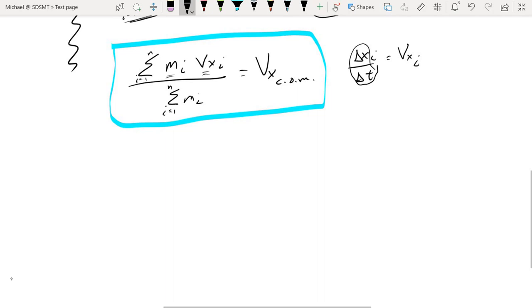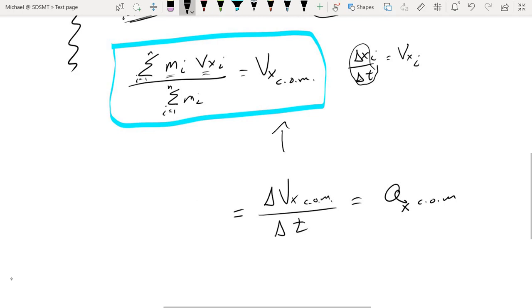What comes after velocity? Well, after velocity comes acceleration. And if we have an object that is changing its velocity with respect to time, we call that acceleration. Again, we're only working in the x direction, so that's going to be our x component of the center of mass acceleration.